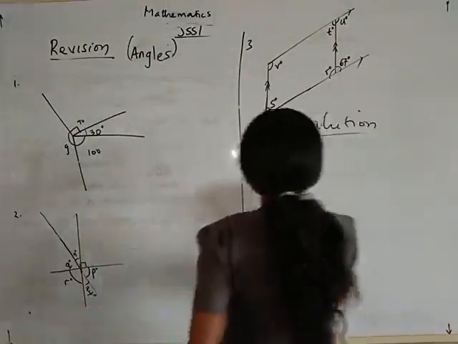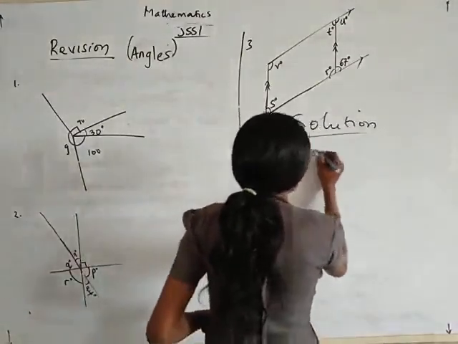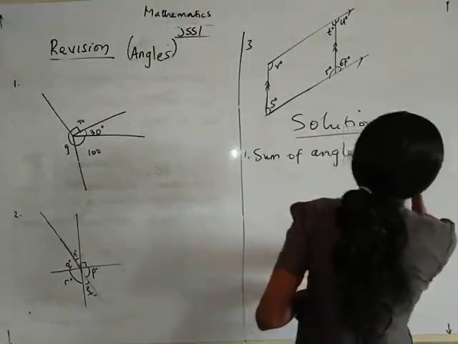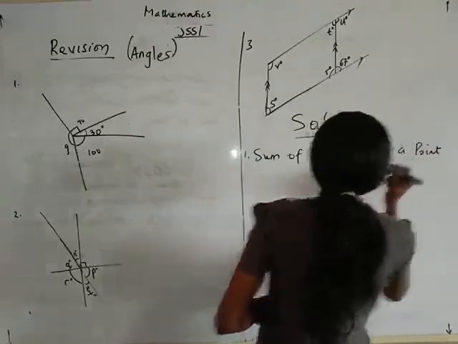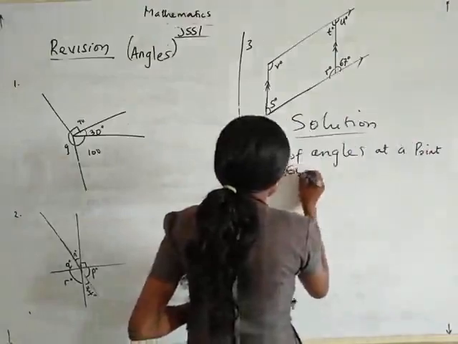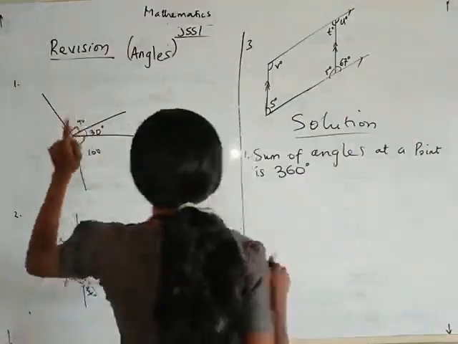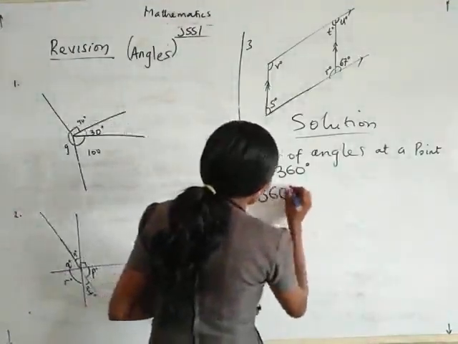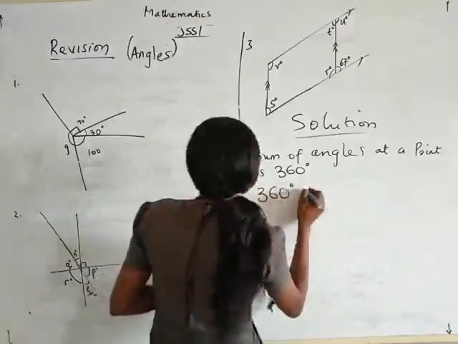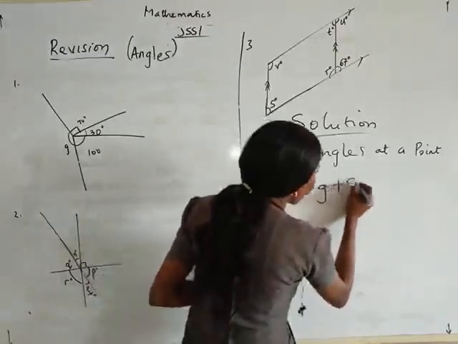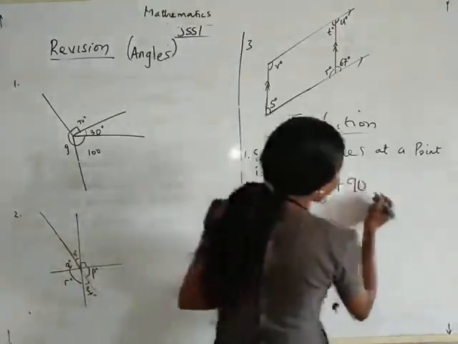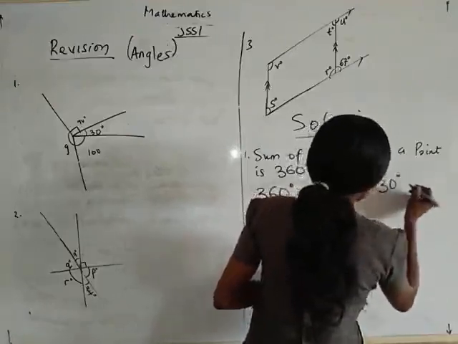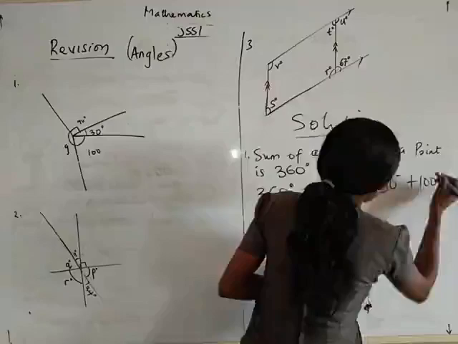So this is number one: sum of angles at a point is 360 degrees. So by the time we add all these angles, they should give us 360 degrees. So 360 degrees equals G plus 90 plus 30 plus 100 degrees.